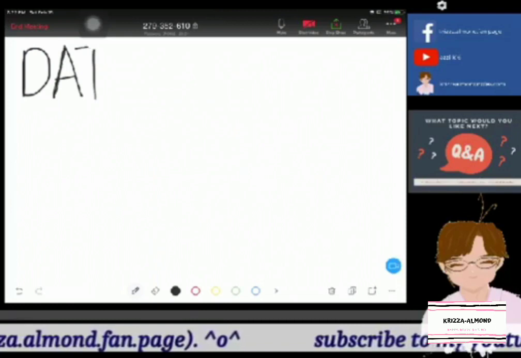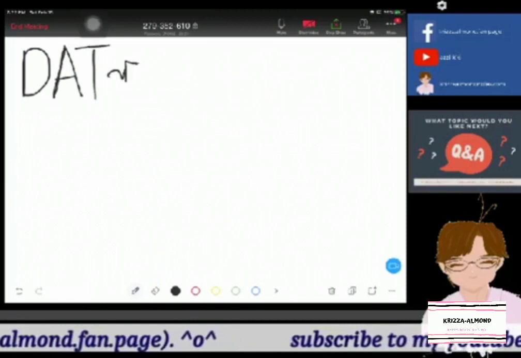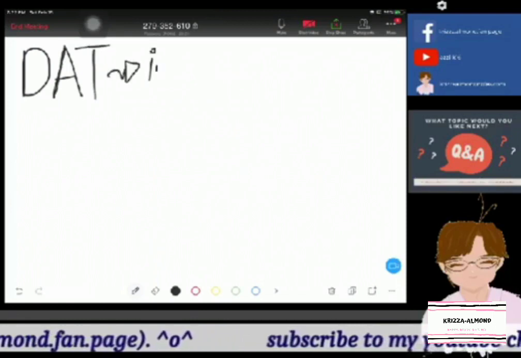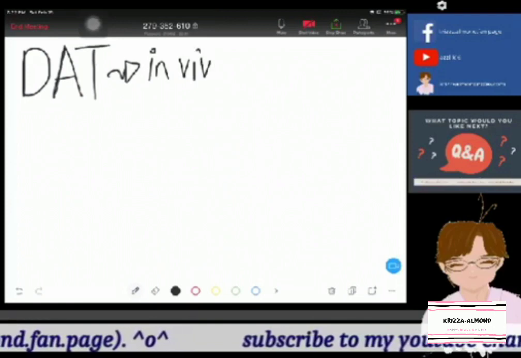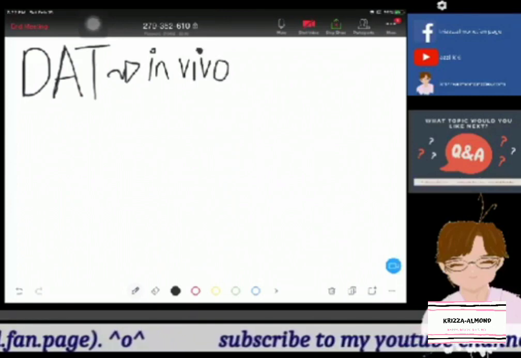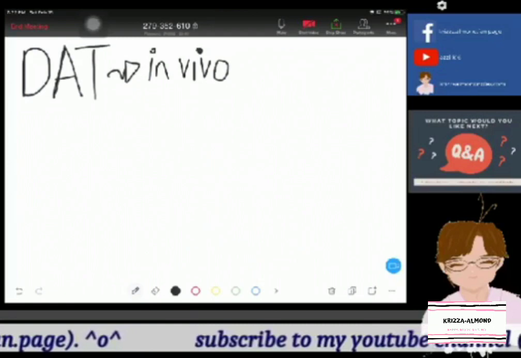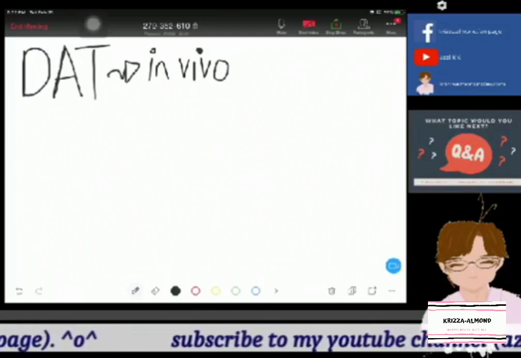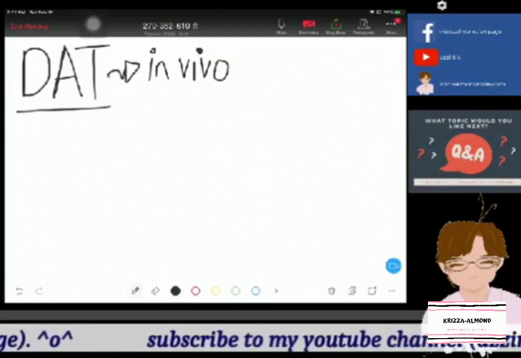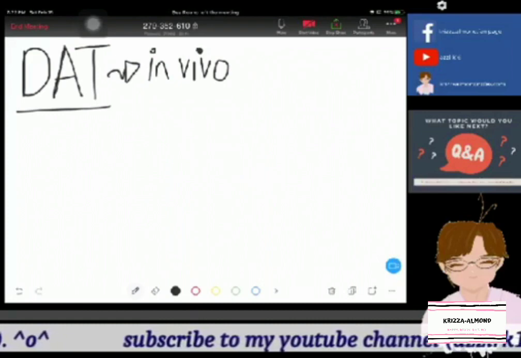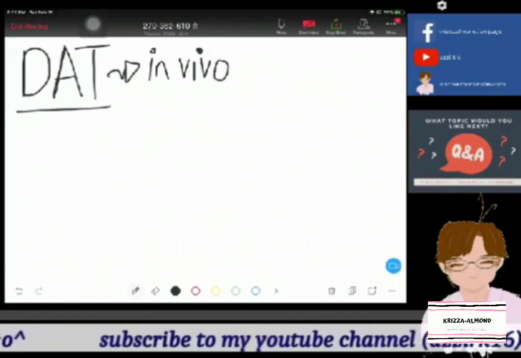Okay, so the direct antiglobulin test, as we have said, will detect in vivo sensitization. And in vivo sensitization will happen in three important conditions. Now, ako po, I fondly remember the three conditions that will be detected by the DAT by using a mnemonic.